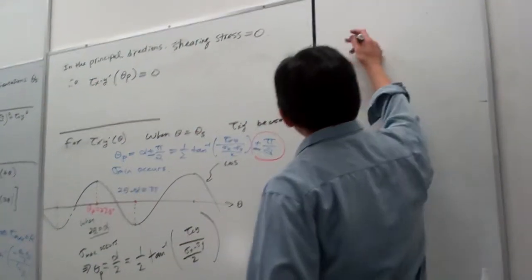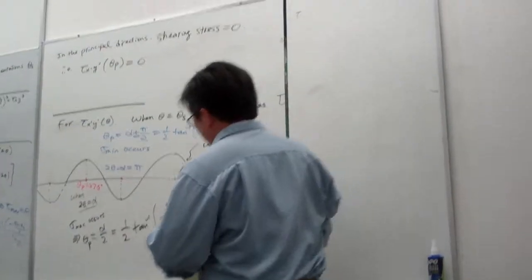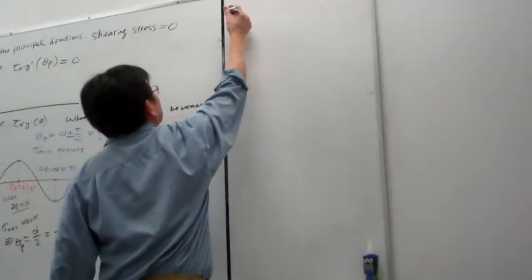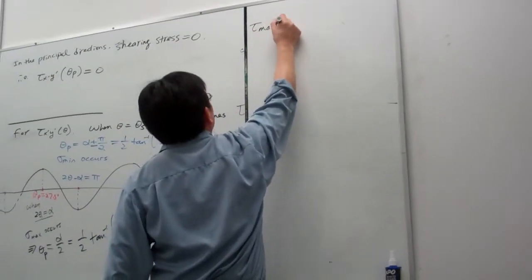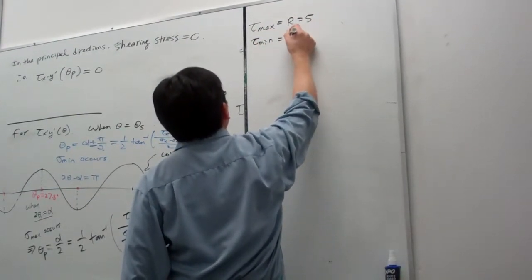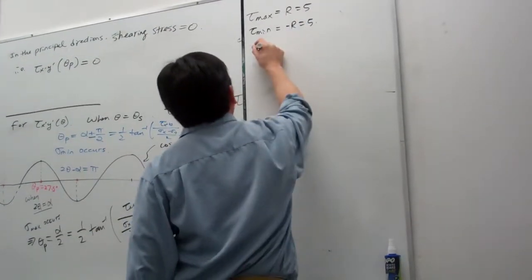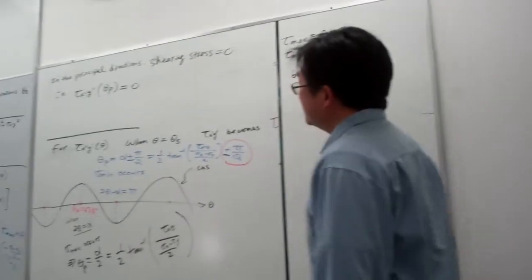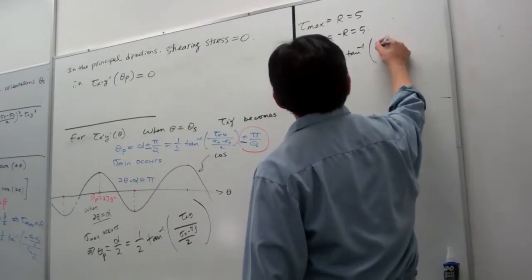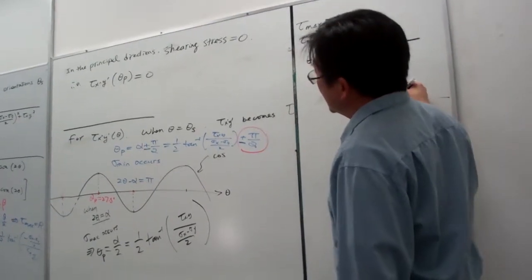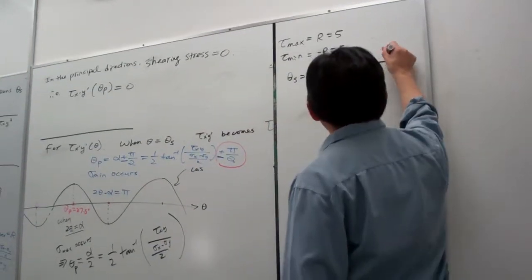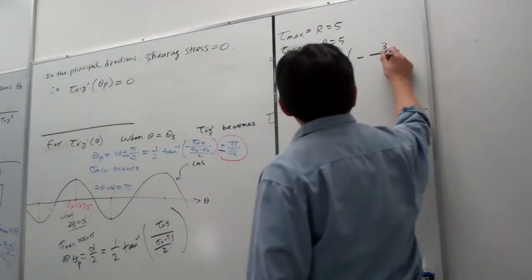On the same example, we can see the maximum tau equals R equals 5, and tau minimum will be equal to minus R equals minus 5, and theta s equals how much? 1/2 arctangent inverse minus the difference, 10 minus 4 equal to 6, 6 by 2 equal to 3, and then divide by tau equal to 4.